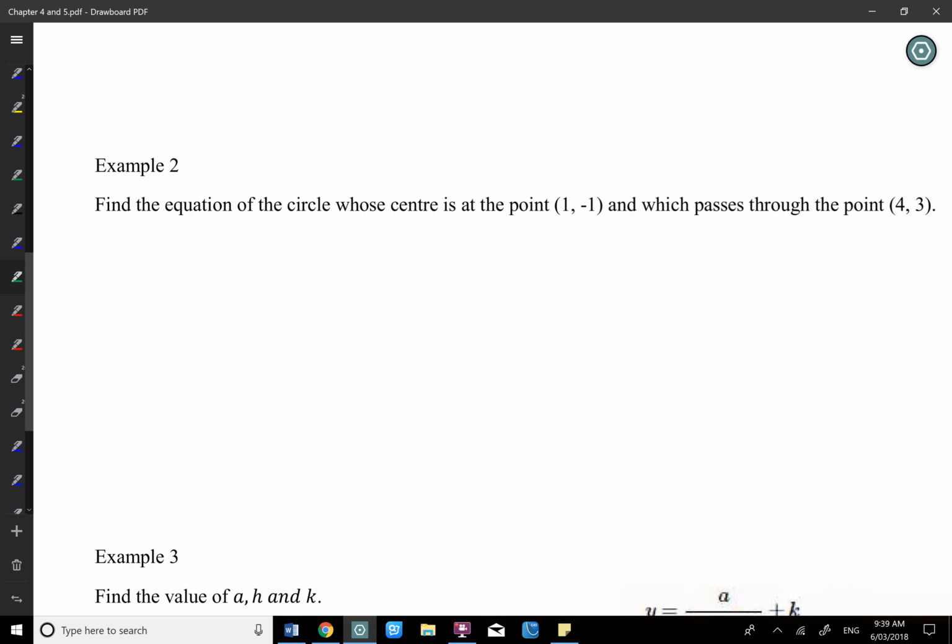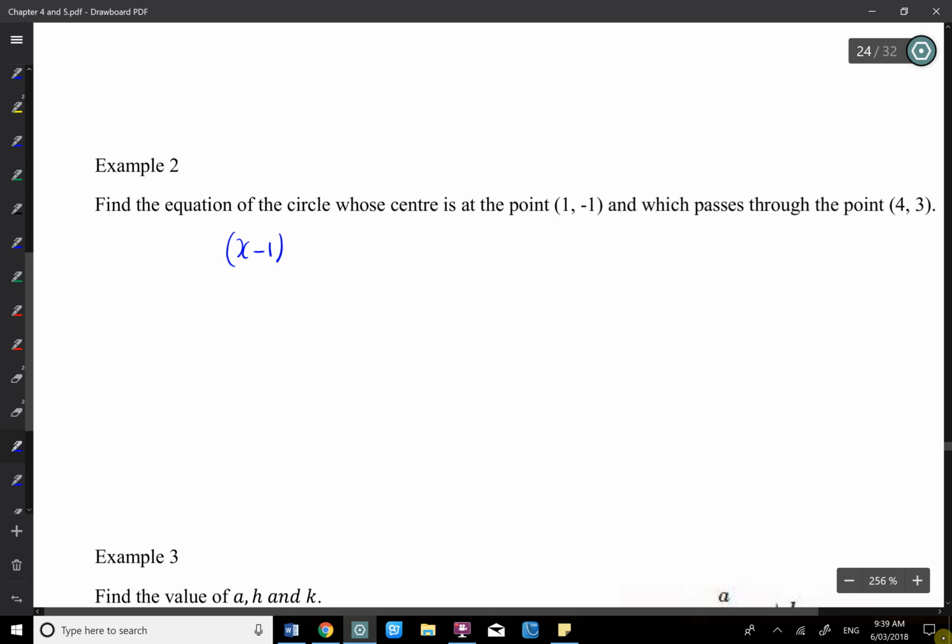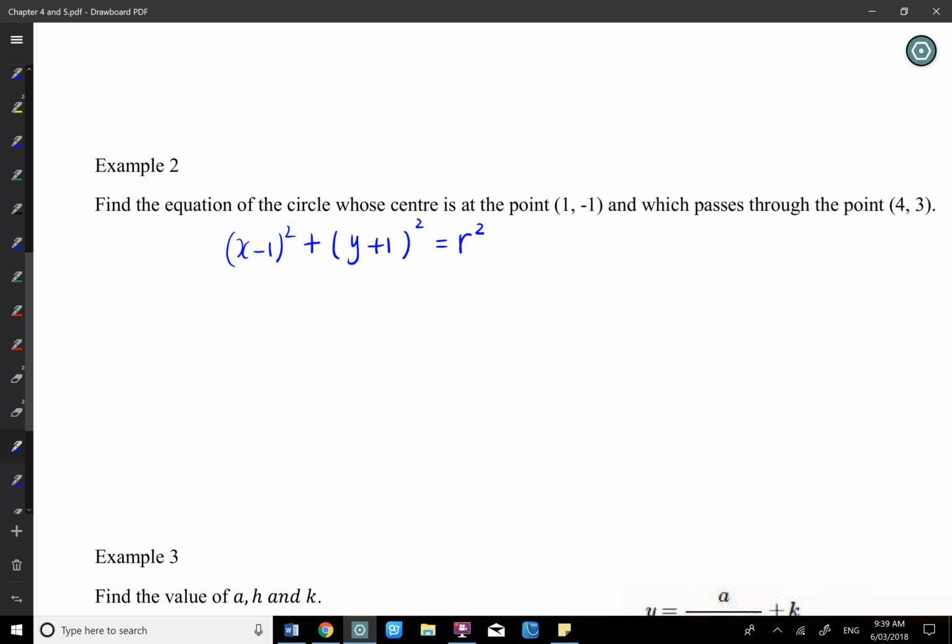You have a circle, and you know the center already, so you can use the center radius form. So you will have x minus 1 squared plus y plus 1 squared equals r squared. When you know the center, that's the first thing you can write for a circle, because you know the h value and k value.